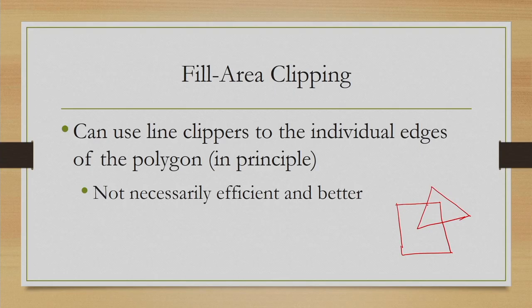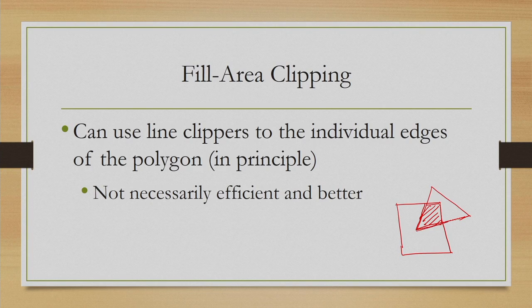So, we have to keep this part which is inside the clipping window, which I am showing with shade, and we have to clip out the outside part. How we can do that? One way can be to use the line clippers that we discussed in earlier lecture.